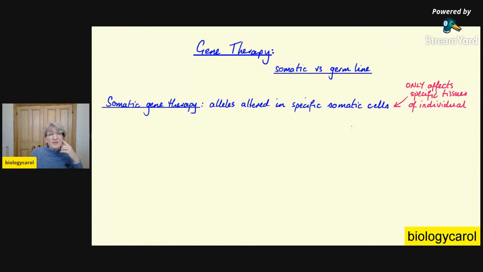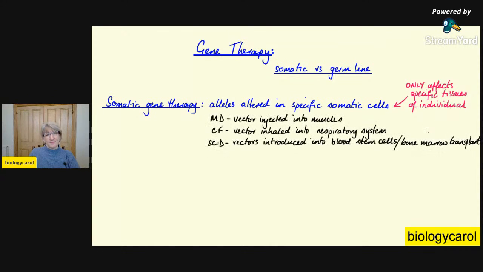Now, as a result of this affecting somatic cells, depending on where the genes are injected or given to the body, only specific tissues of the patient are affected.